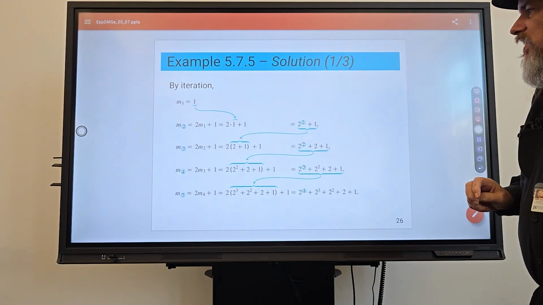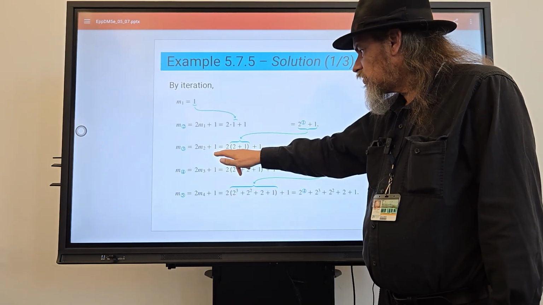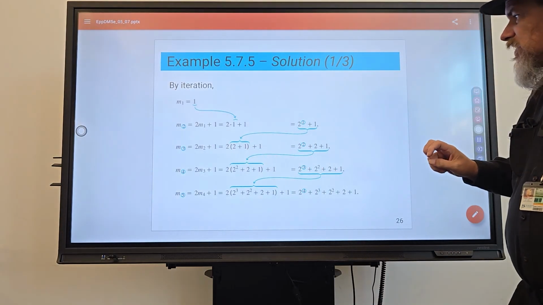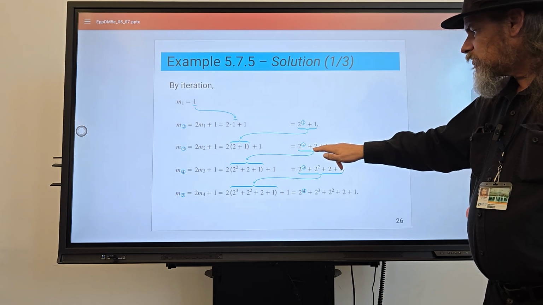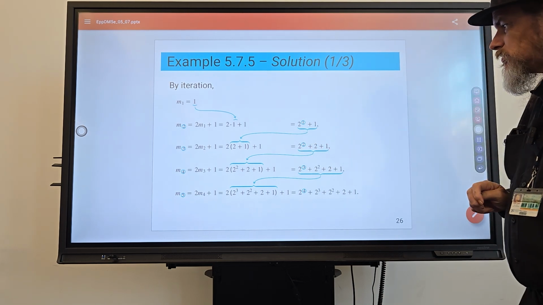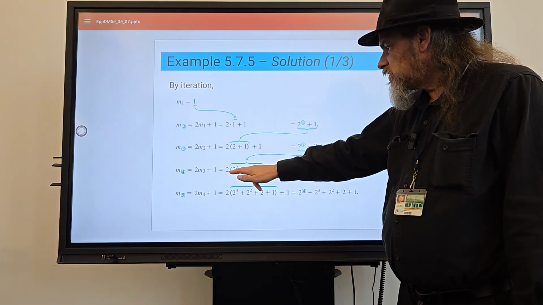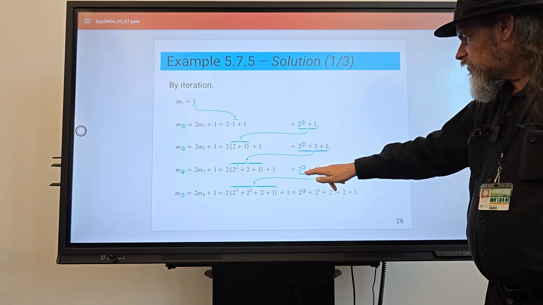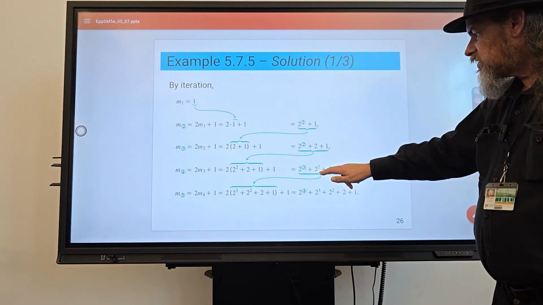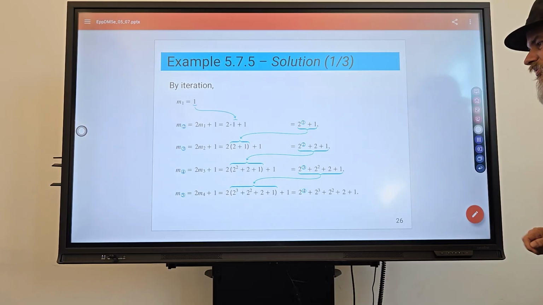Substitute that into m3, and you get 2 to the second power plus 2 plus 1. Substitute that into m4, and you get 2 to the third plus 2 to the second plus 2 plus 1, and so on and so forth.